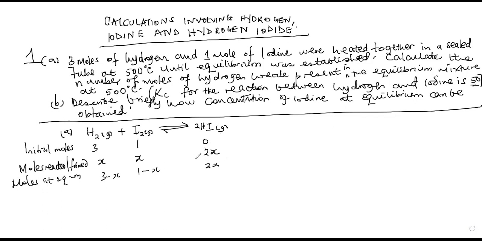Then if we assume that the volume of the vessel was 1 liter, then these moles are the same as the concentration. Since you're not given any volume, the concentration will be 3 minus x, 1 minus x, 2x.